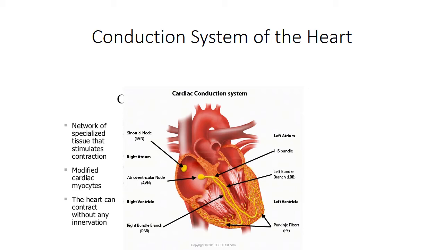These pathways branch again, and eventually they are lost in the thickness of the heart muscle. That's the conduction system of the heart. So normally the heart rhythm is established in the sinoatrial node and then conducted to other areas of the heart.